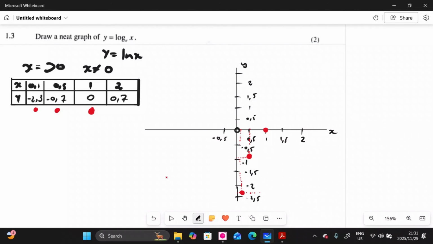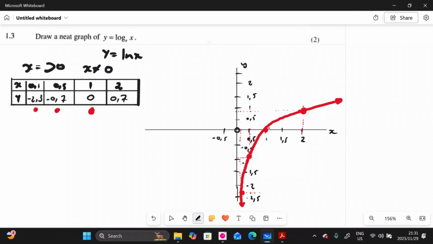Our x is 1, our y is 0 on the x-axis. And then when x is 2, our y is going to be 0.7. Let me draw a line first here. 0.7 is very close to positive 1. Wherever they meet, this is going to be our point.